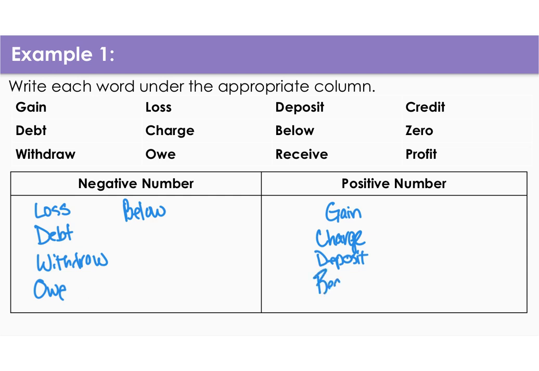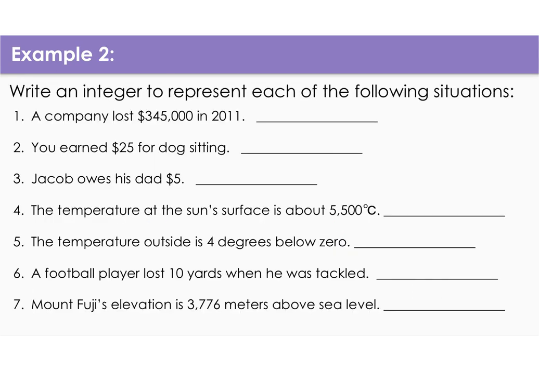Receive a credit is positive. Zero is neutral, and profit is also positive. Okay, we're going to write an integer to represent each of the following situations.